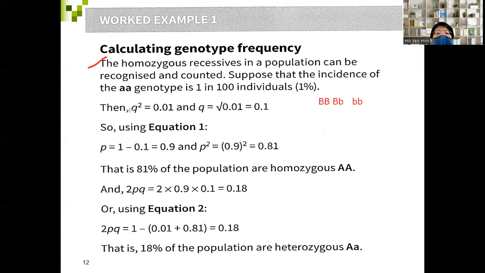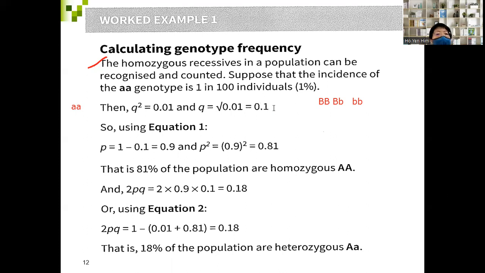So the proportion of small a small a is represented by q squared. q squared is the frequency of homozygous recessive in this population, which we discovered is 1%. So q squared equals 0.01. Therefore, q equals 0.1.